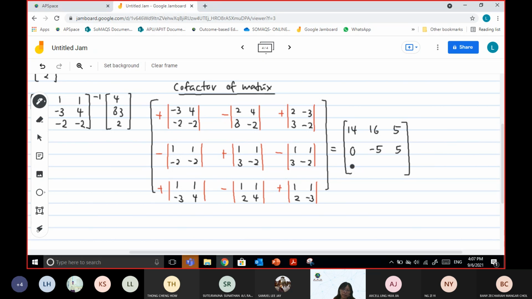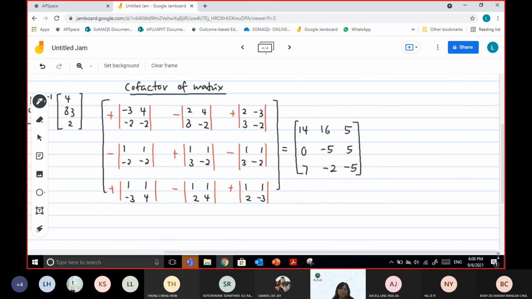I think this one should be correct. So check your answer. Is this correct? Yes, Miss, correct. Tally with your answer.